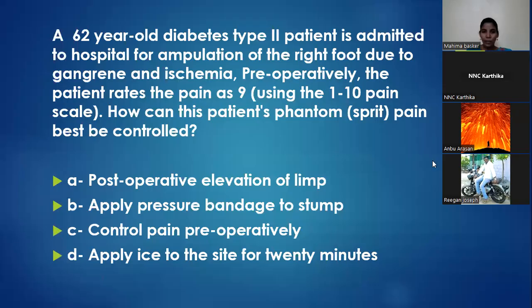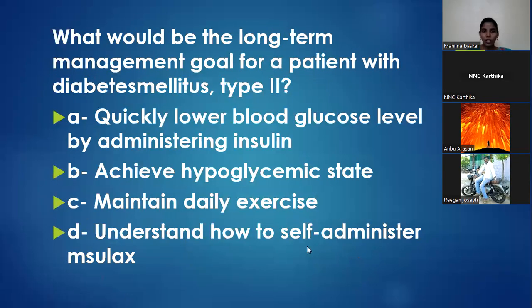Okay, next question. Read the question. What would be the long-term management goal for the patient with diabetes mellitus type 2? What is type 1? Insulin-dependent diabetes mellitus. Type 2? Non-insulin-dependent diabetes mellitus. So remember that and answer.